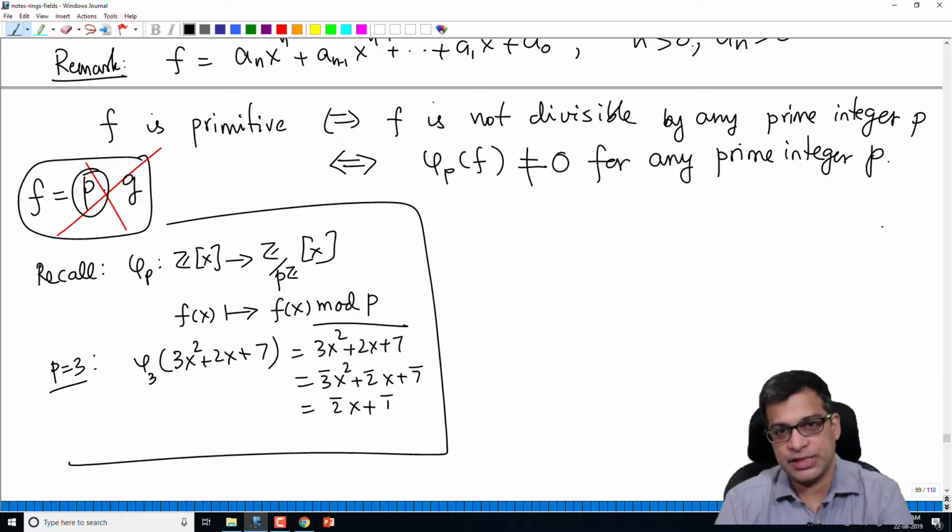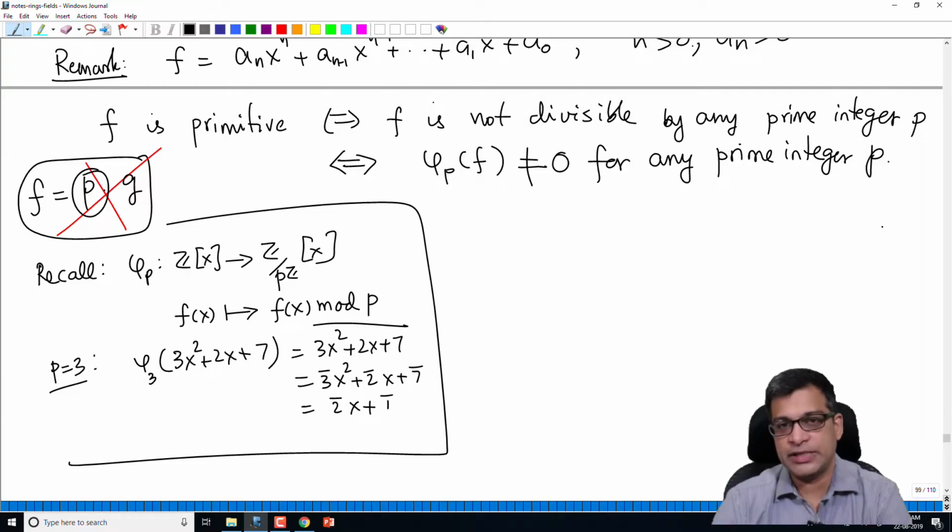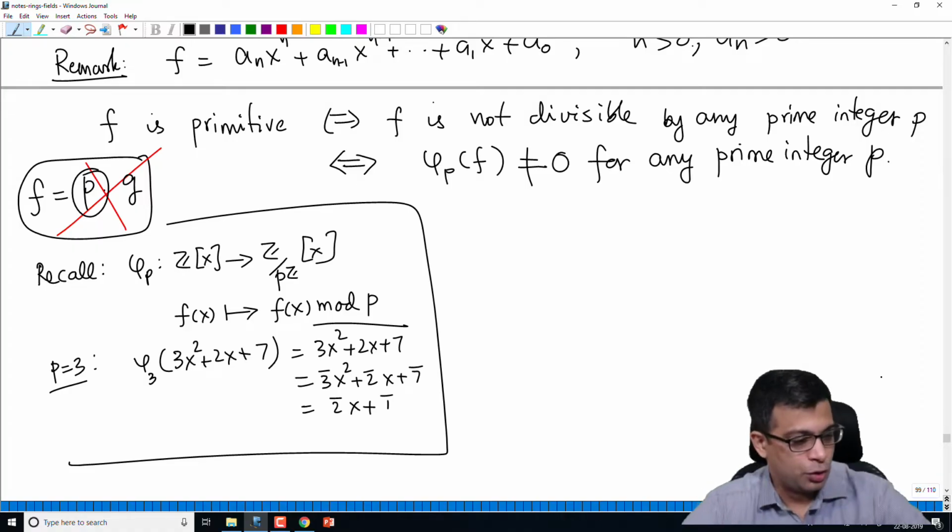So if phi p of f is not 0, that means at least one coefficient of f is not divisible by p, so f itself is not divisible by p. This is a convenient way of remembering how to check that f is primitive.